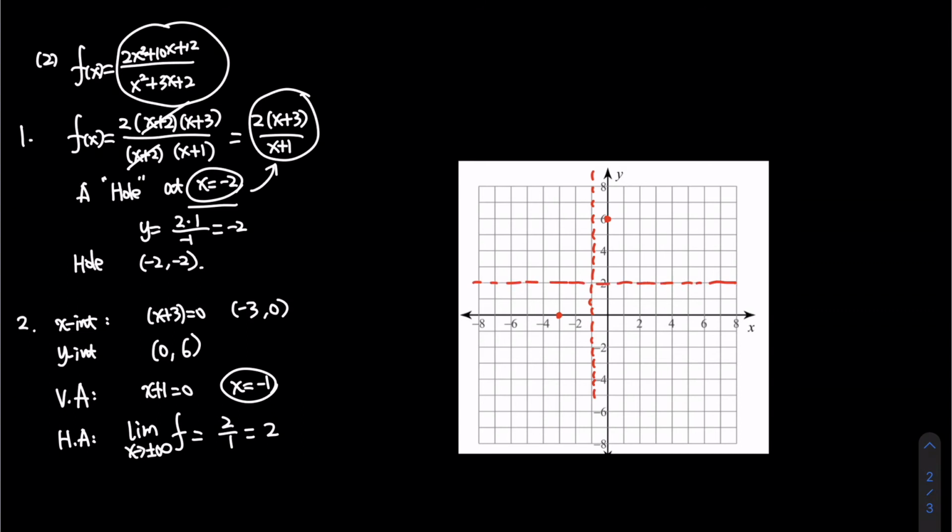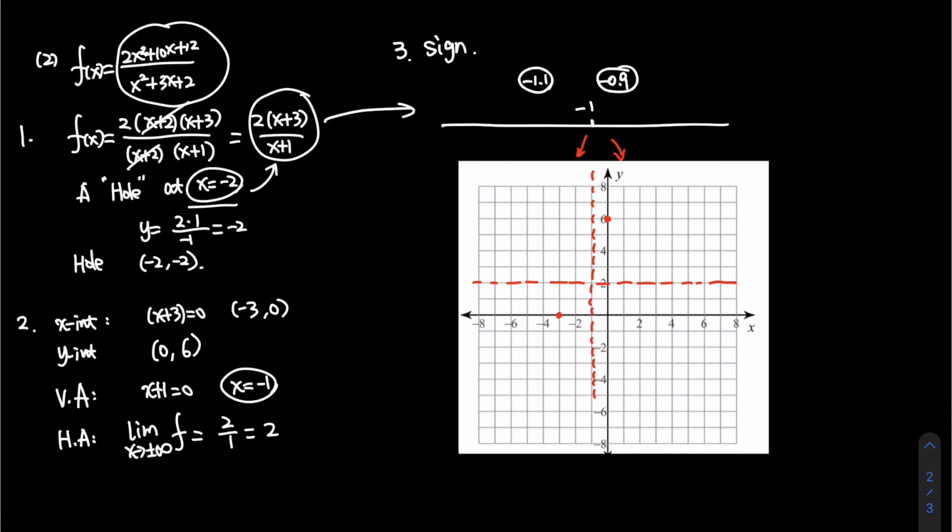So there will be two pieces on this graph, one on the left, one on the right. Now let's have a look at the sign analysis. On the left of negative 1 we'll pick negative 1.1, on the right, negative 0.9. We are going to plug these two numbers into the simplified version. Negative 1.1 gives us positive over negative, so it's negative on the left.